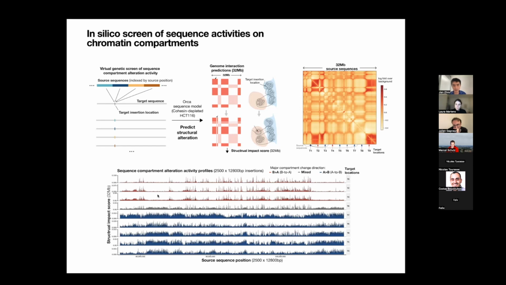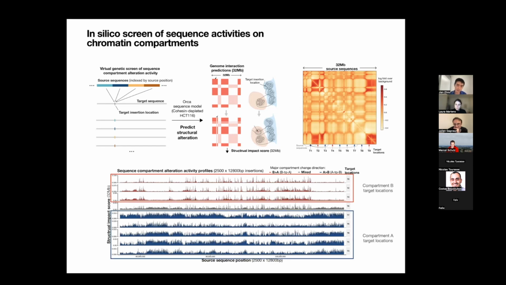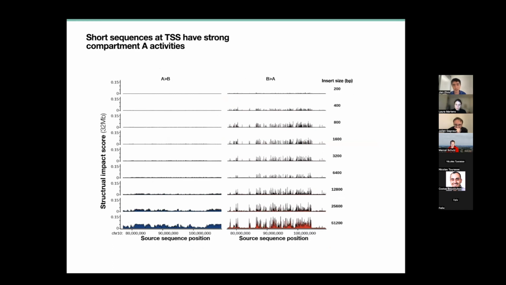To look at it further, we did several more refined screens. One of them looks at what sequence scale is needed for the A compartment and B compartment activity, so we tune the insertion size. The previous plot shows the insertion of 12.8 kilobase pair, which we chose after doing this screen so that we know the right insertion scale.